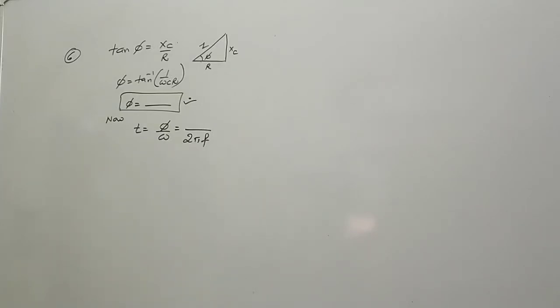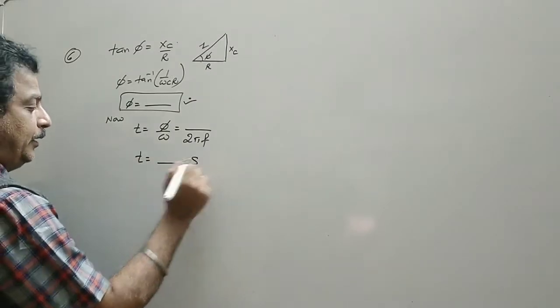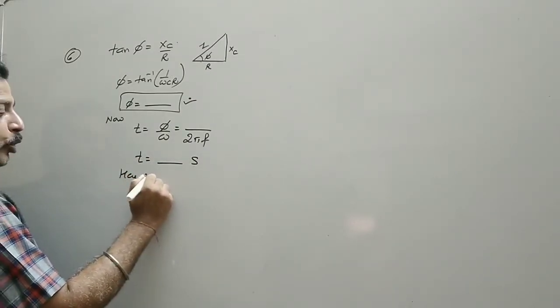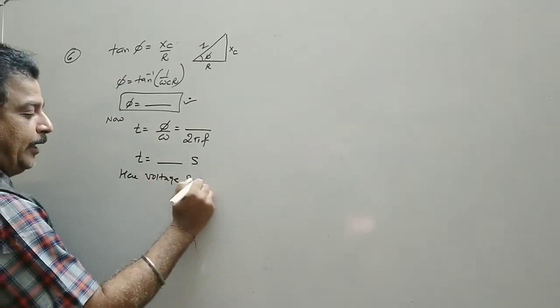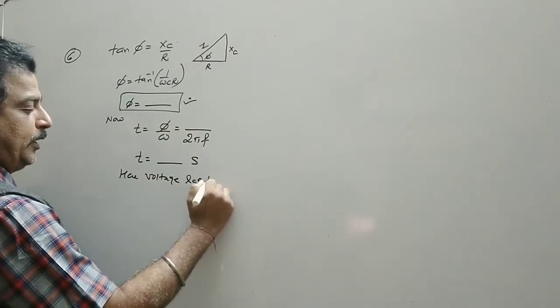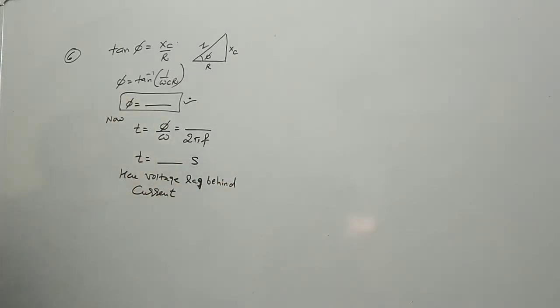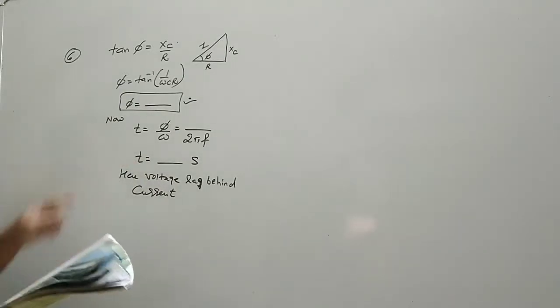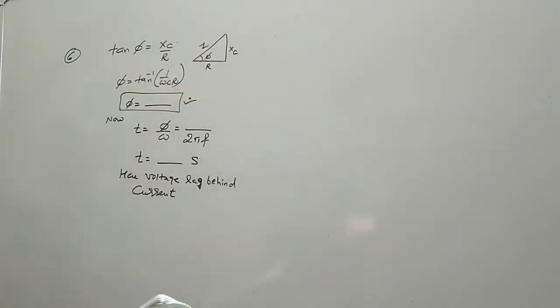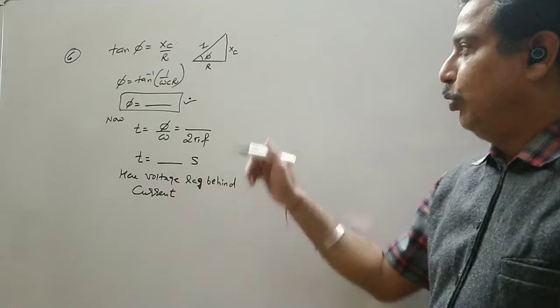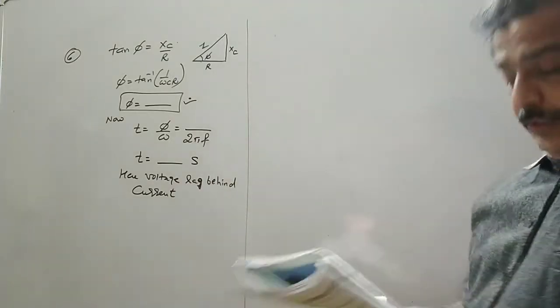So you substitute all these values and find out the answer. Whatever time we get, that much time the voltage will lag. Here voltage lags behind current, or current leads. So find out the time by finding the phase difference between the current and the voltage. So directly we use the formula for the phase difference.